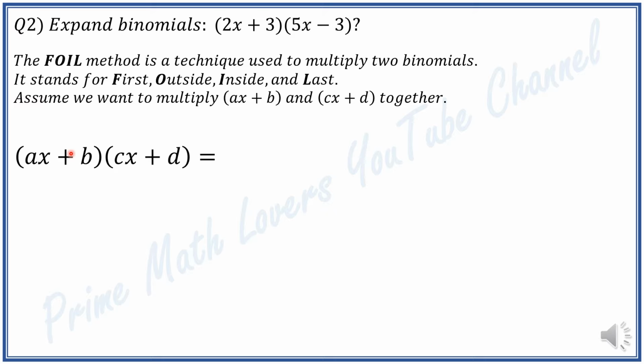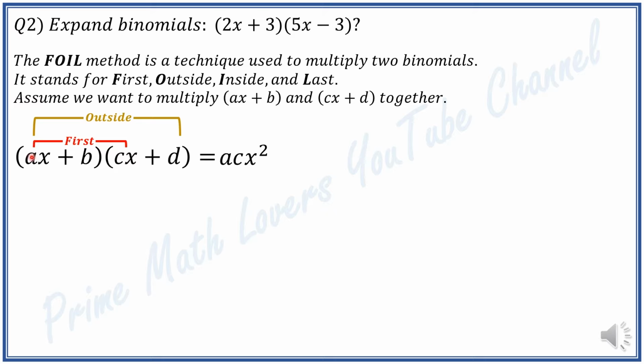The first step is first. Multiply the first term of each binomial together. Means we multiply ax with cx. The result will be acx squared. Outside. Multiply the outer terms of each binomial.